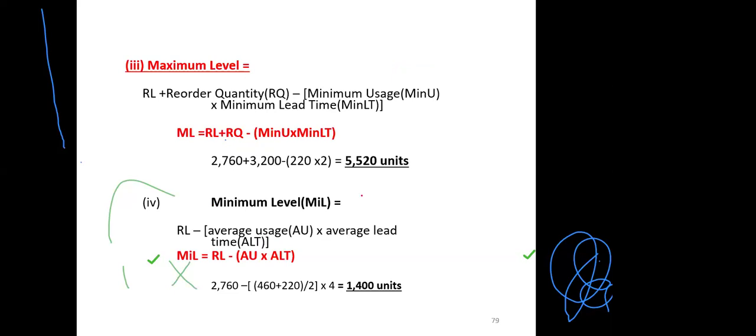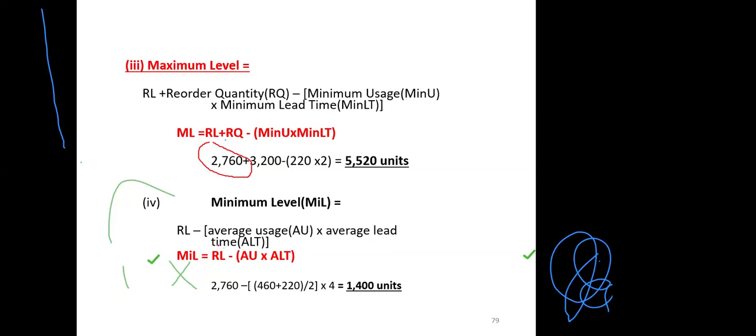Then the maximum level, again, you're supposed to make use of that formula. Once you get the reorder level figure of 2,760 and the reorder quantity, that's when you calculate the maximum level, which is 5,520. The minimum level is average usage times average lead time. We went through these formulas, so you just apply them.